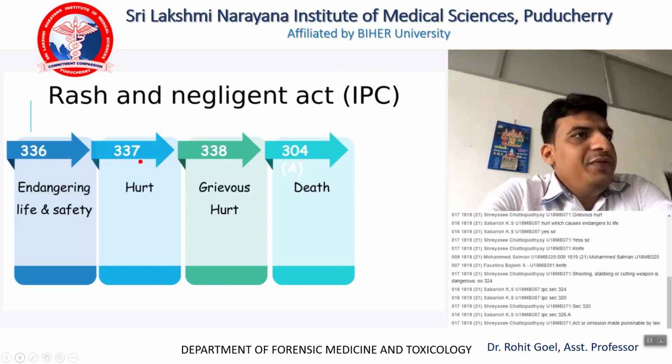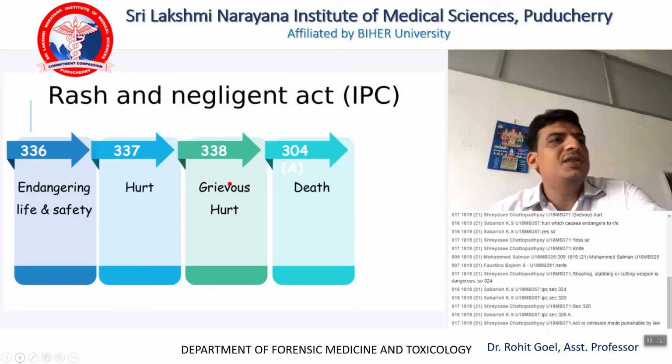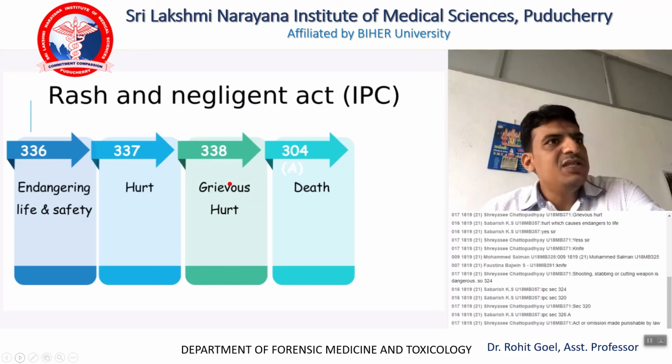Similarly, if the injury is grievous in nature, if it satisfies any of the clauses of section 320 IPC, then A will be punished by section 338. And the third circumstance is when B dies.